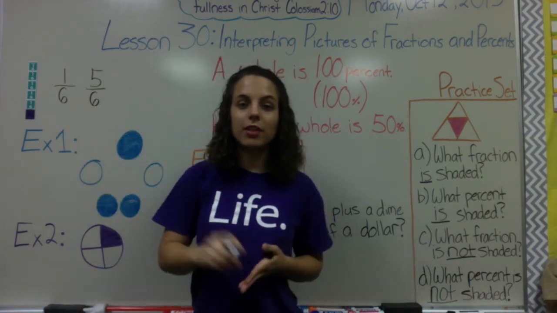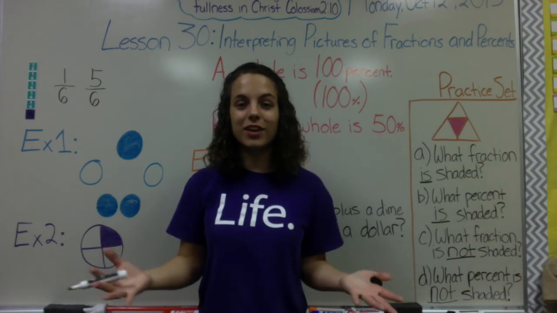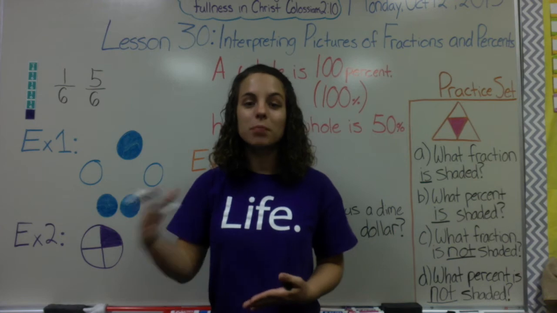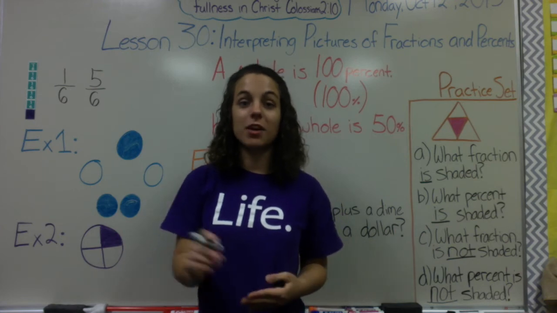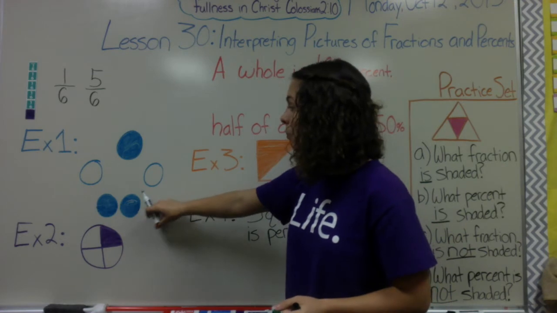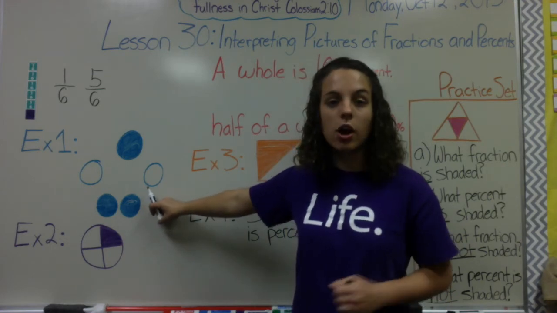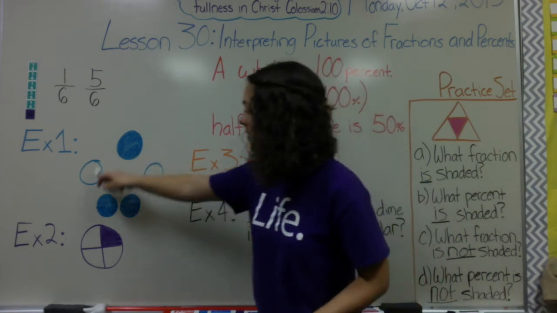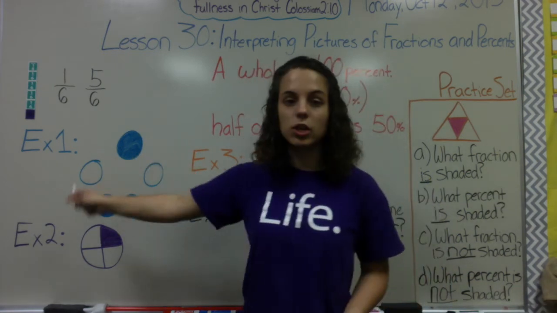We're going to be looking at those, and I know that they are very basic and very easy right now, which is what we want to start out with before we jump into percentages of what is shaded and what is not. So example 1, this question asks, what portion of these circles are shaded? Go ahead and write this down in your spiral, and I want you to draw these also. That way you know what you're answering in example 1.